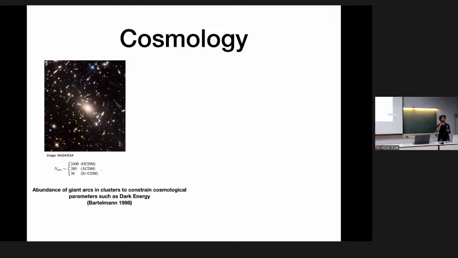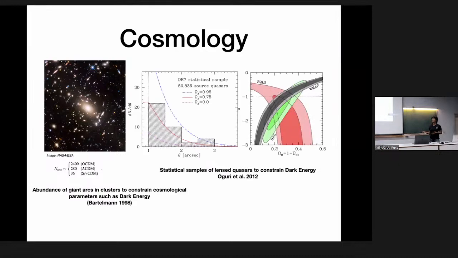Over the decades, people have done many simulations to predict the giant arcs, and also the observations have become better. And right now, there's hardly any discrepancy that is found. Basically, we find that the abundance of giant arcs is consistent with what we expect from lambda CDM.